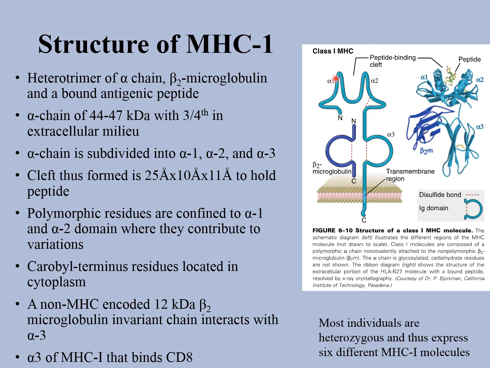The binding cleft of the peptide is formed by alpha 1 and alpha 2, and it can hold a peptide of the dimension shown here. This region is polymorphic, and the remaining regions are not polymorphic. The carboxyl terminal of the residues is towards the cytoplasm.